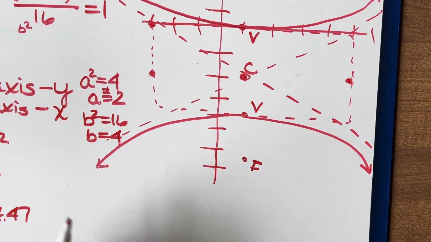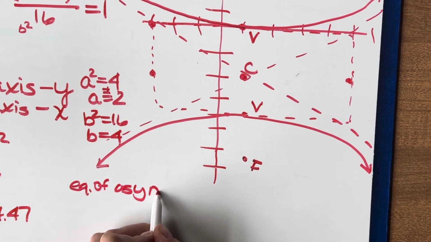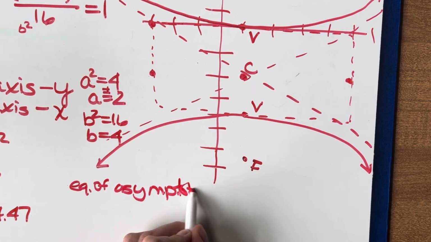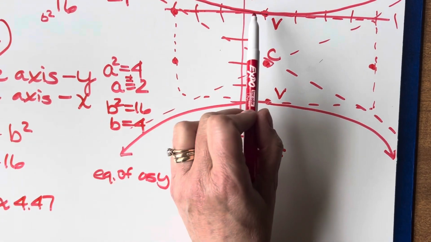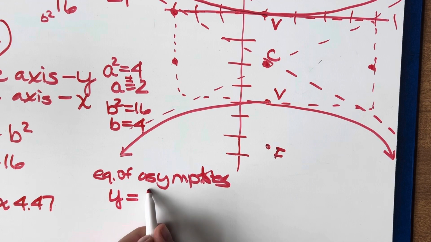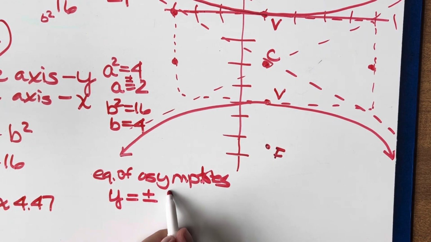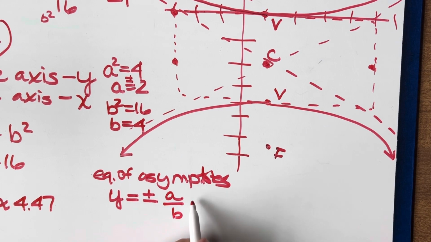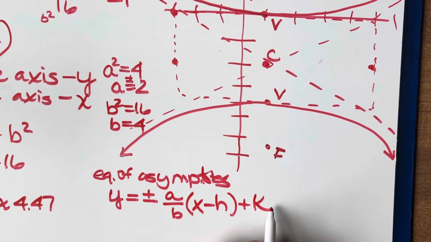Now, you may also be asked to find the equation of these asymptotes. Okay, so on a hyperbola where you have the y being the transverse, the equation for your asymptotes looks like this. y equals plus or minus, because these are just lines, a over b times (x minus h) plus k.